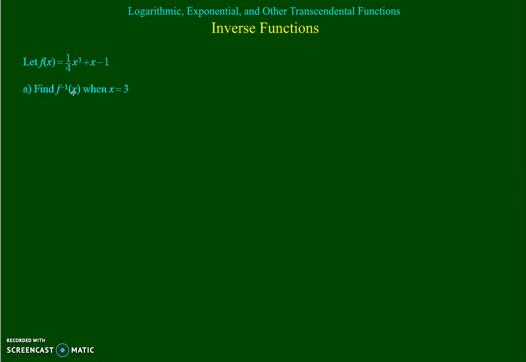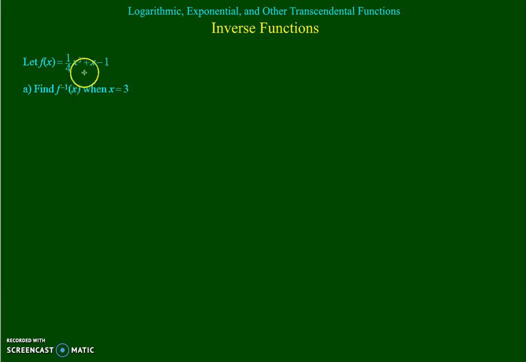I'm going to work it, and then walk you through my solution step by step. Before I do that, let me give some background and setup for what I'm going to attempt. I'm not actually going to find the inverse of this function. What I'm going to do is use the reflection property of inverses. We know that f of x and f inverse of x are reflections across the line y equals x.